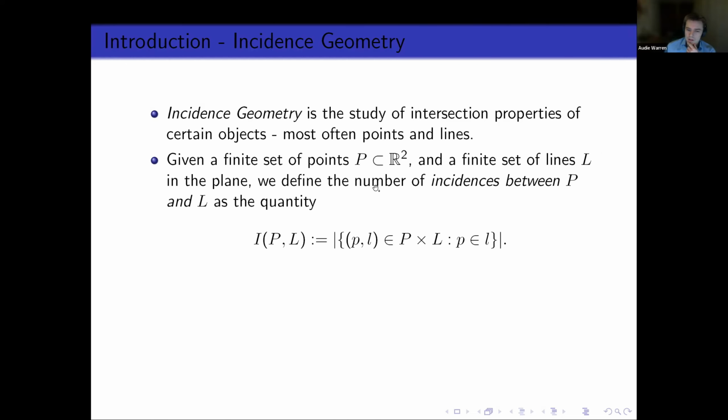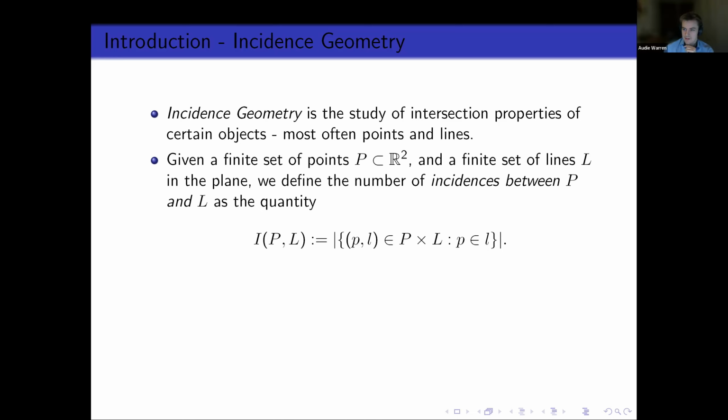We can define the number of incidences between P and L as this quantity, I(P, L). This is the number of pairs (p, l) coming from P cross L, such that the point p lies on the line l. Really this is quite a simple quantity.